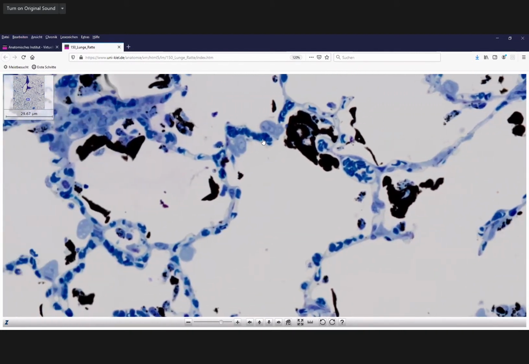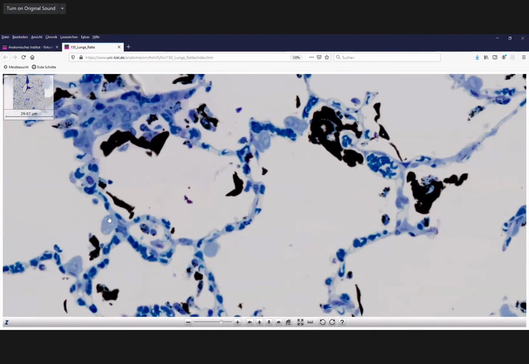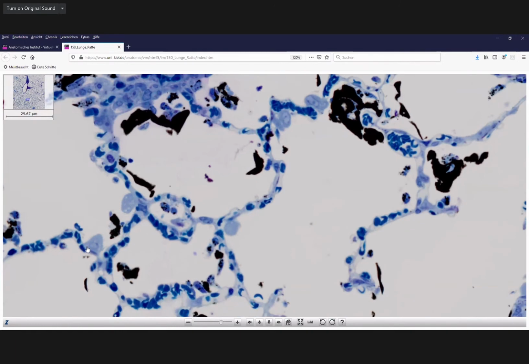So regularly, look at this, you have these big cells here, another one, bulging forward into the alveoli, and they are quite big and easy to identify for that reason. And here you can see they have these storage vesicles. It looks like lots of holes.